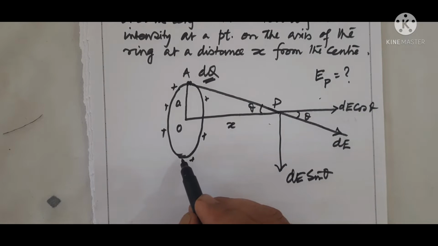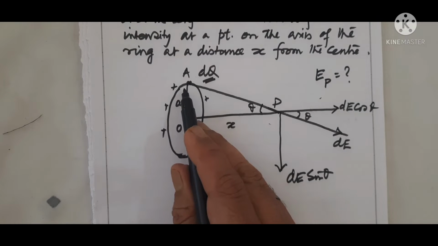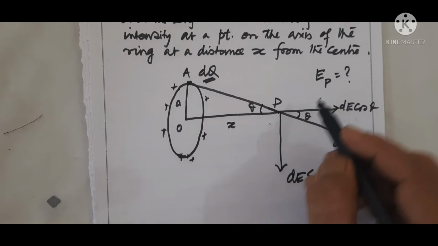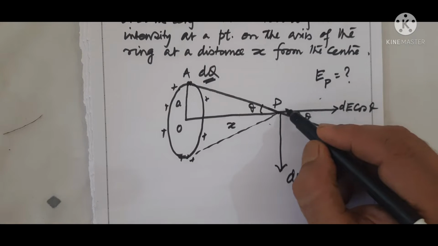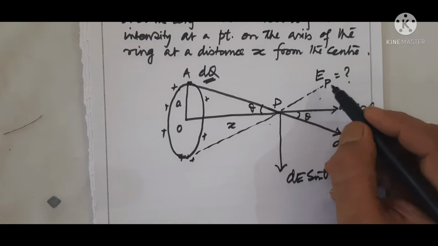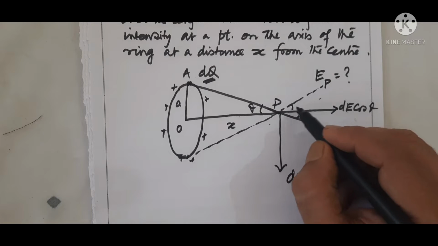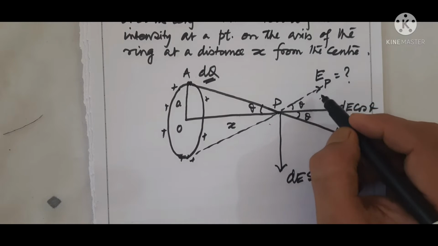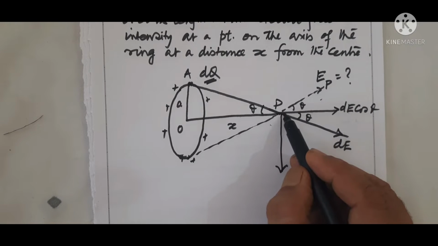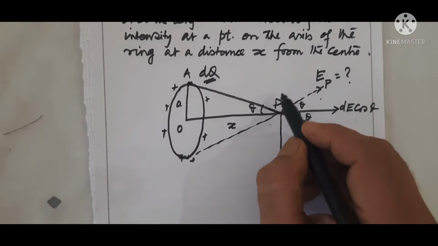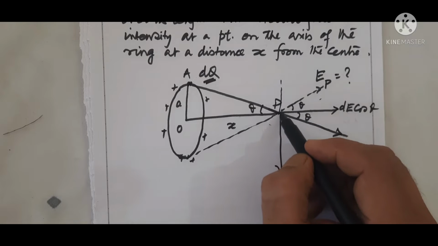Similarly, if we take another charge diametrically opposite here, the same thing happens. We take this angle theta, and this dE resolves into two components, here dE cos theta, and here dE sin theta.